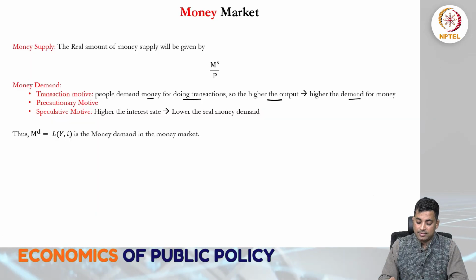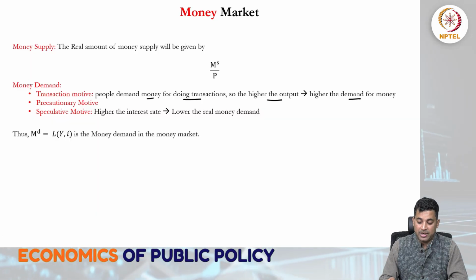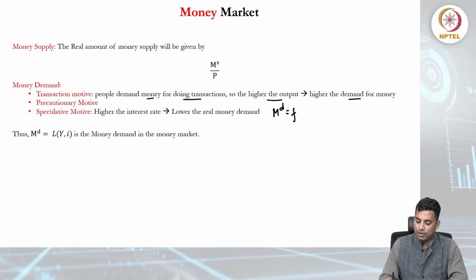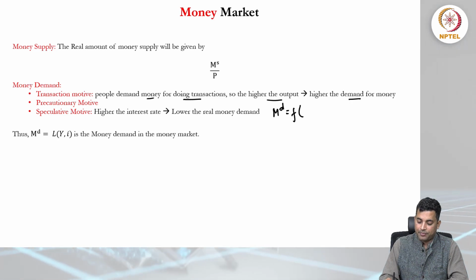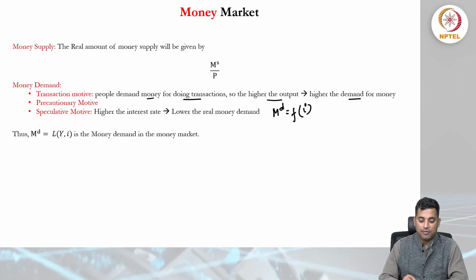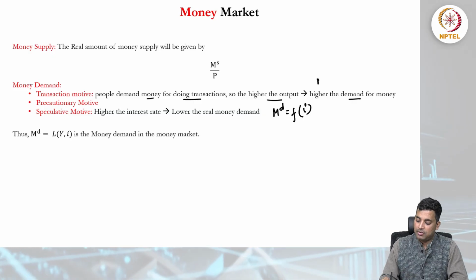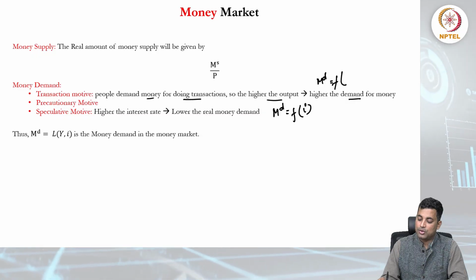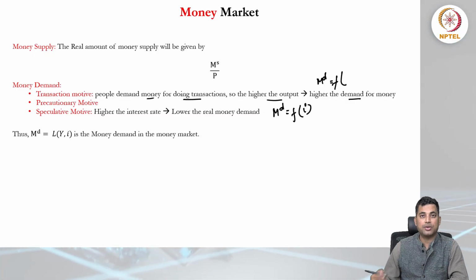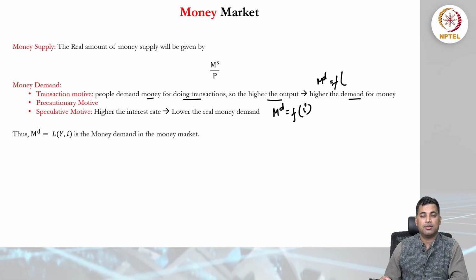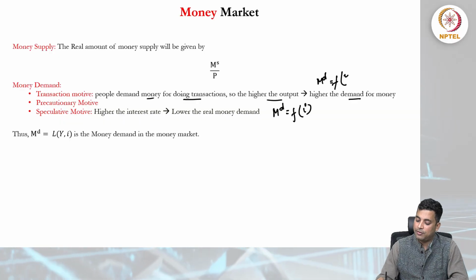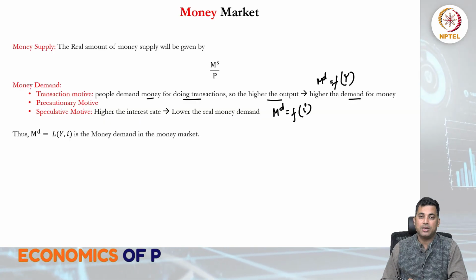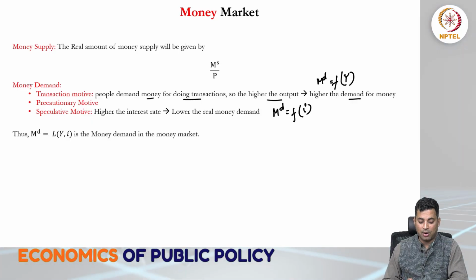From speculative demand for money, money demand is a function of the rate of interest, and from transaction demand for money, money demand is a function of total transactions, and total transactions give the total output, and therefore money demand is positively related to, and a function of, total output.